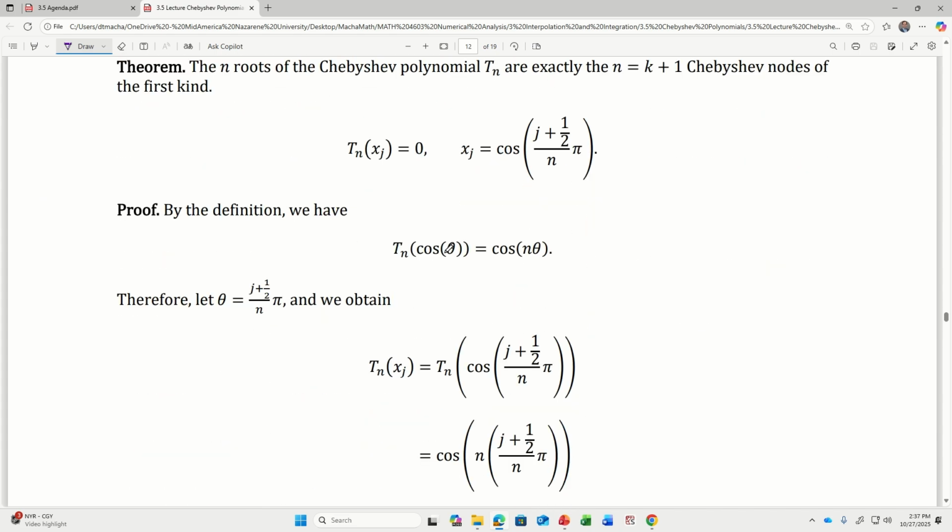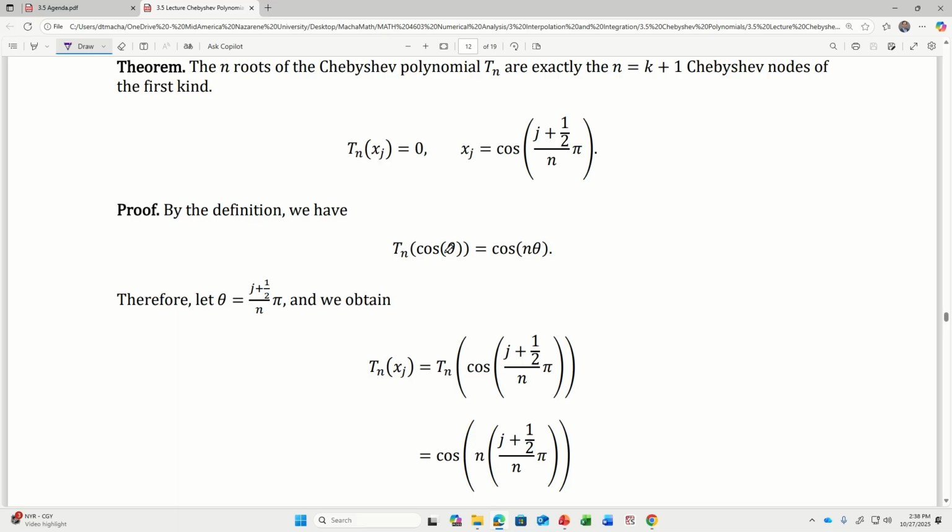Okay, the n roots of the Chebyshev polynomial Tn, because it's degree n, it should have n roots, are exactly the Chebyshev nodes of the first kind. Remember, when we were placing nodes evenly around the circle and then we mapped them down to the x-axis, those are the roots of a Chebyshev polynomial.